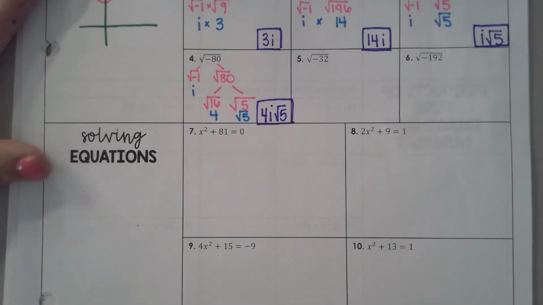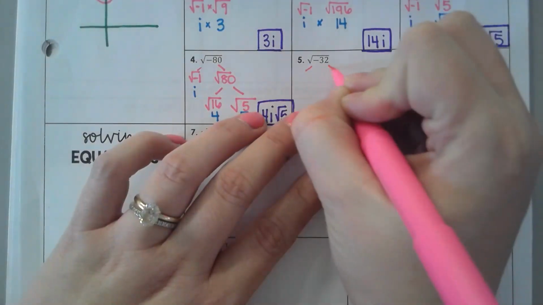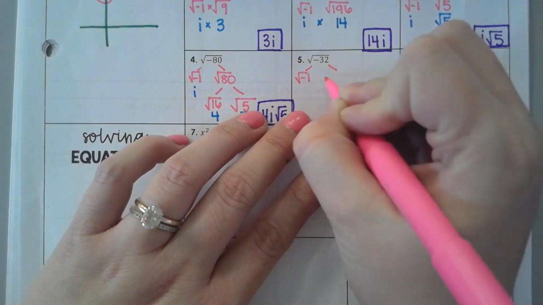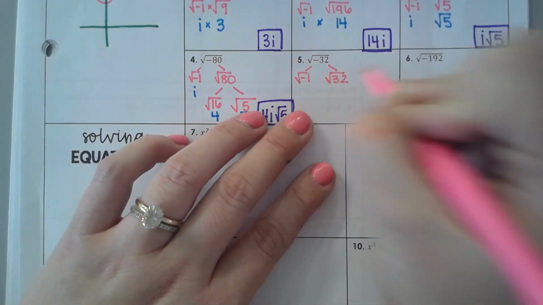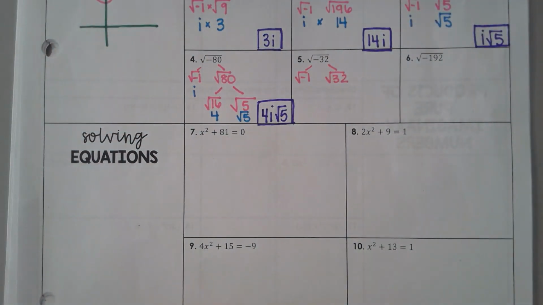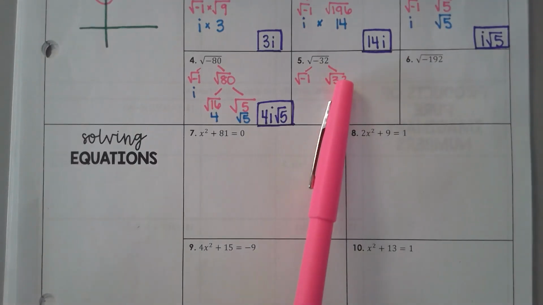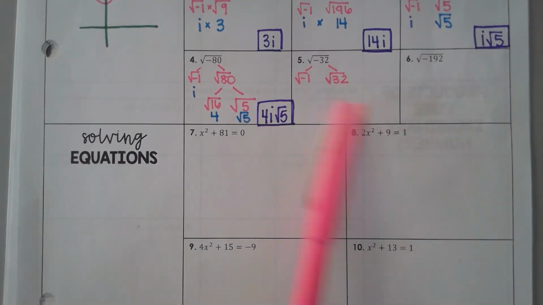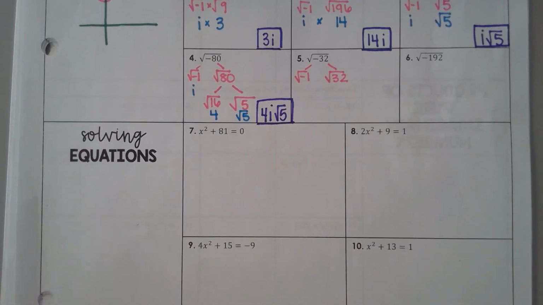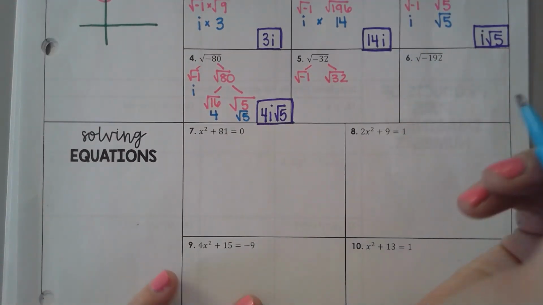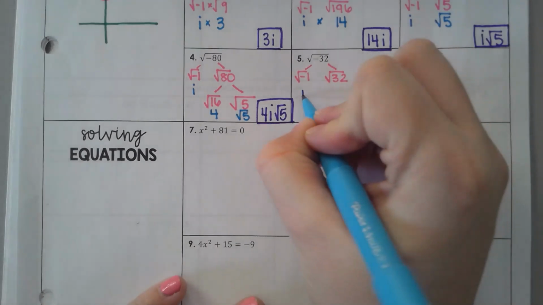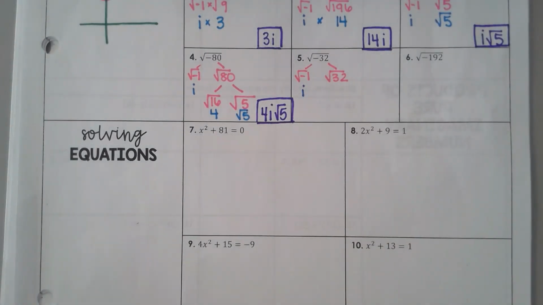Number 5, we're going to take the negative 1 out, leaving 32. We had 32 in our last notes. It was a question on your test, and now you're seeing it again. What is the square root of negative 1? i. Is 32 a perfect square?